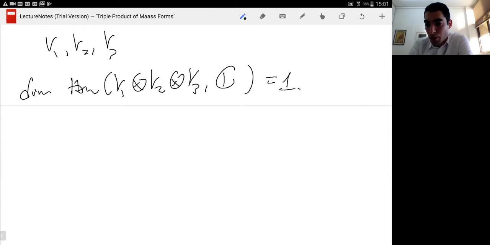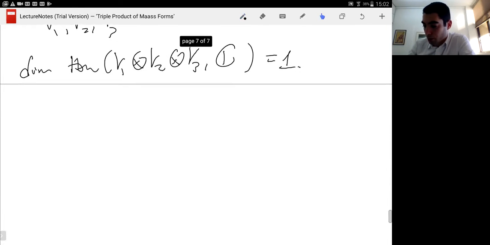Now, at this point, we reap some benefit from my choice to use PGL2 rather than SL2, because this kills a second linearly independent functional that might have existed in this space in the case of SL2. So this is a technical remark.